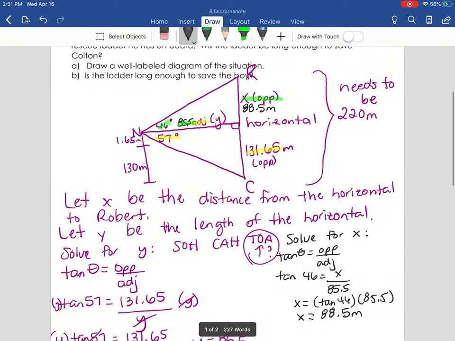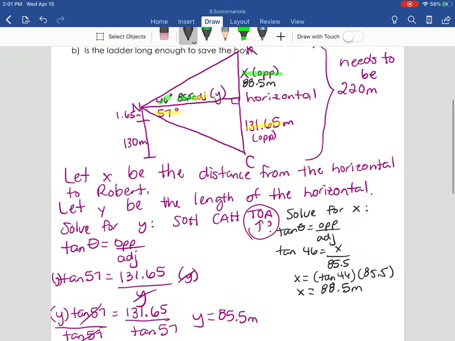Okay, so now remember, we do want to answer the question. Part B says, is the ladder long enough to save the boy? So we need the ladder to be 220 meters. So we now know the distance from Robert to the horizontal is 88.5 meters. And then if we add that to 131.65, we will see if the ladder is long enough.